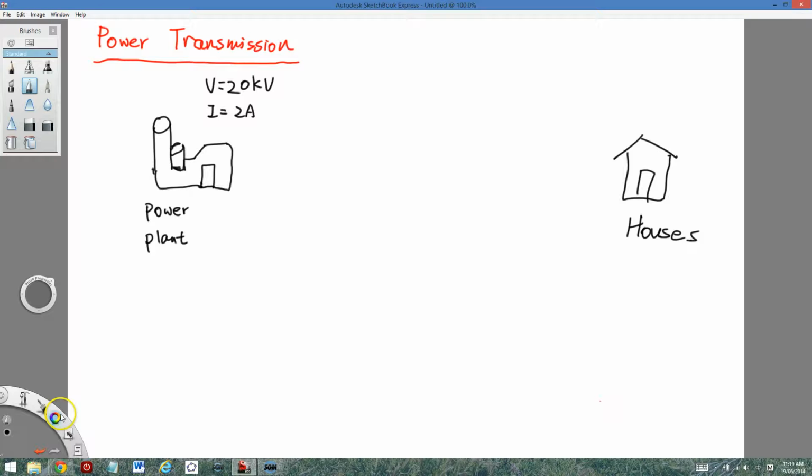But before we do the transmission, I would like to talk about the power loss. As common sense, we all know that the power is transmitted to the houses through wires, and wire has resistance.